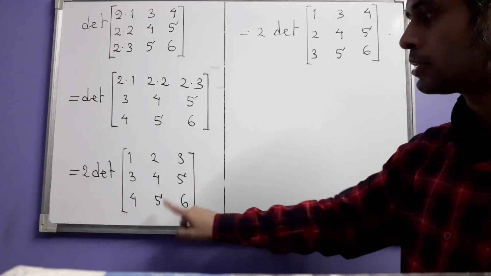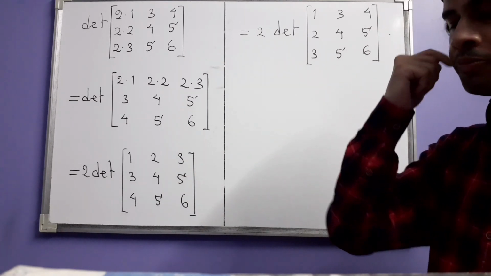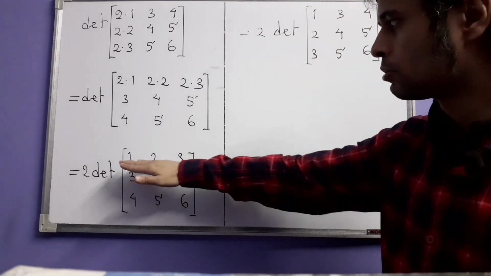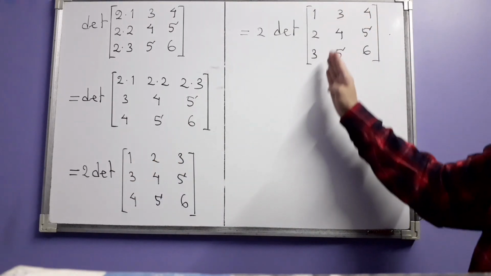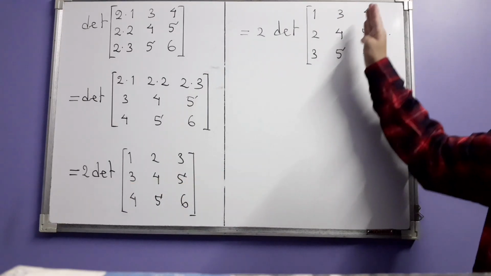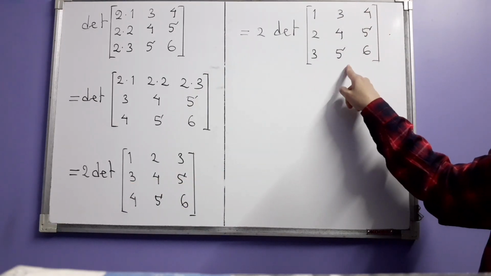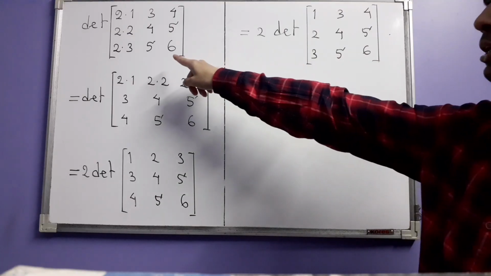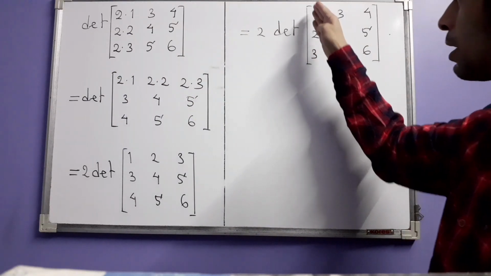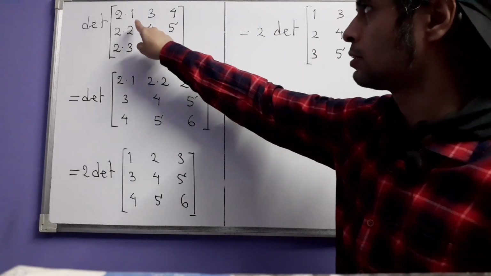Now in its place, again you can apply the lemma and write its transpose. So 1, 2, 3, this first row will become the first column. 3, 4, 5 will become the second column, and 4, 5, 6 will become the third column. So now you look at this one and this one. They are almost the same, except that we do not have the 2's here. You can check for yourself.